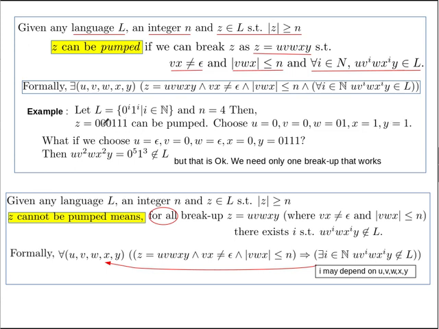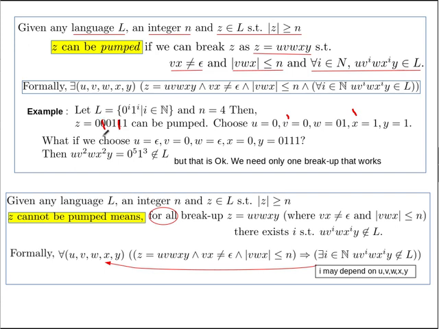So that means when we are pumping this 0 and this 1, these are our v and x. So when we pump, then you see that again we get something of the form 0 to the i, 1 to the i.